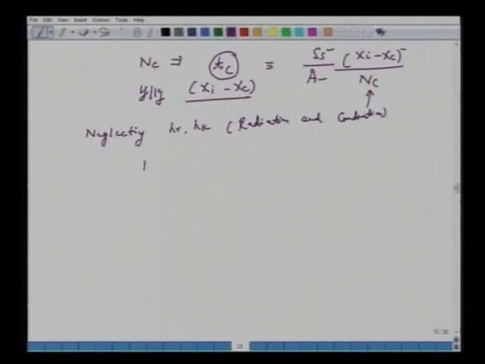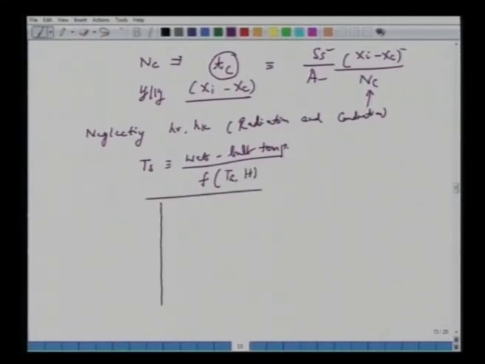So if we neglect Hr and Hk, radiation and conduction, Ts is nothing but the wet bulb temperature, which is just a function of the quality of the air. So if we know the air temperature and the humidity, we can follow the psychrometric chart here.